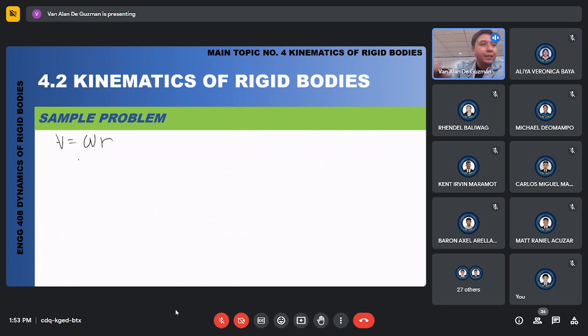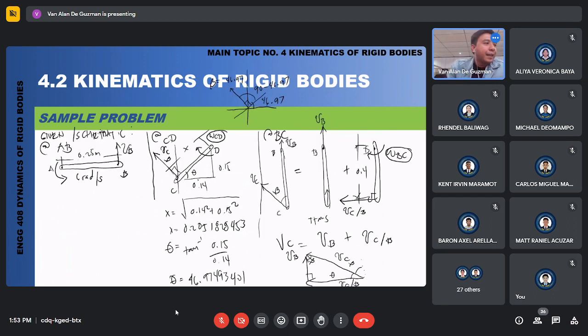Balik tayo sa ating figure na ito. We have the value for the radius natin. Alam natin yung value ng ating x, 0.205. Ngayon, hinahanap natin ito. Kailangan natin makuha yung value ng VC. Paano natin makukuha yung value ng ating VC? Punta tayo dito sa ating triangle.